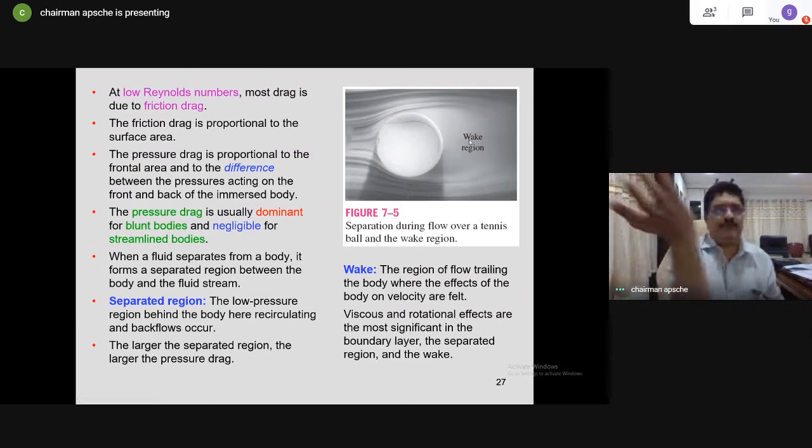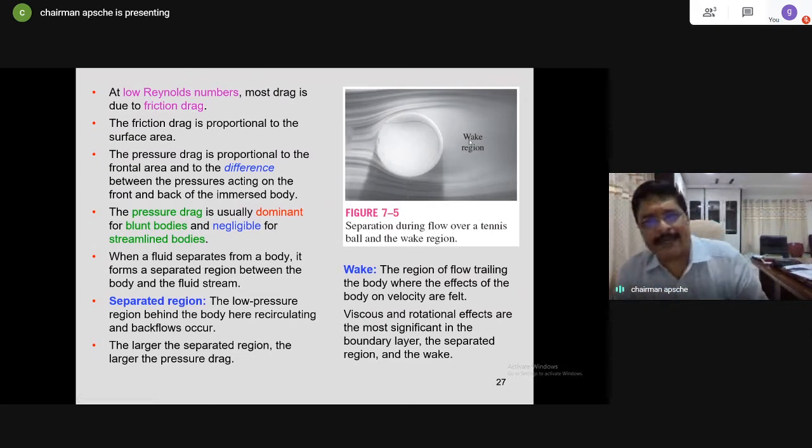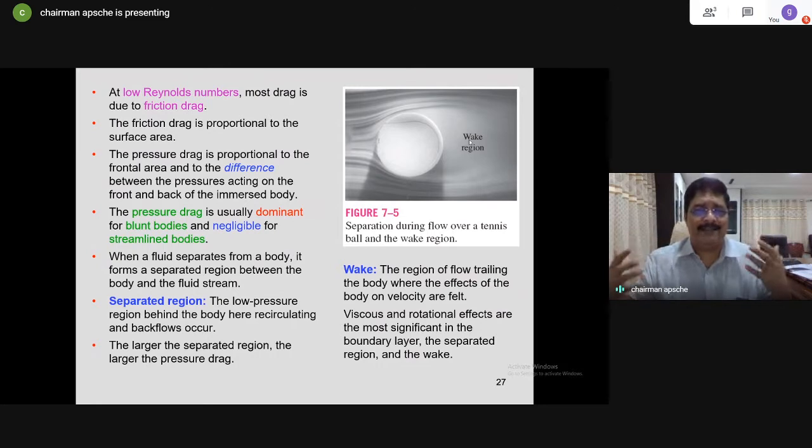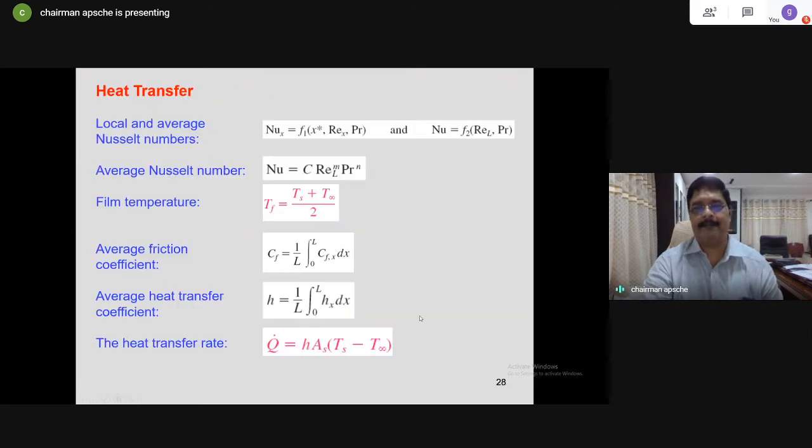A reverse flow takes place, and that's why in supersonic jets, the wake at the tail is such a strong disturbance at the end of a blunt body or a moving body that one should be careful about it. Wake also causes pressure drag, so the pressure difference is causing a pressure drag. Flow separation I have also explained.